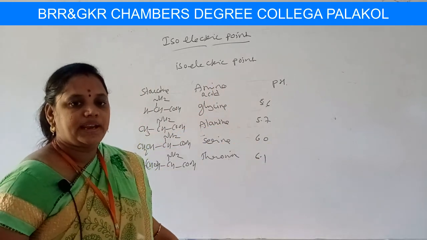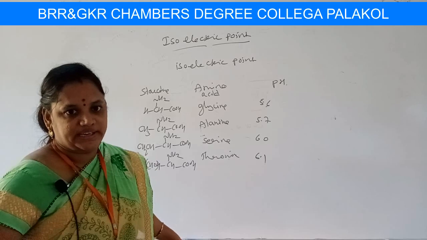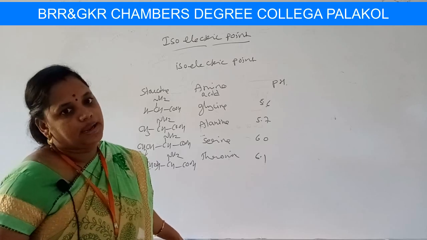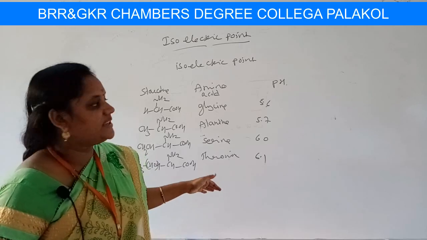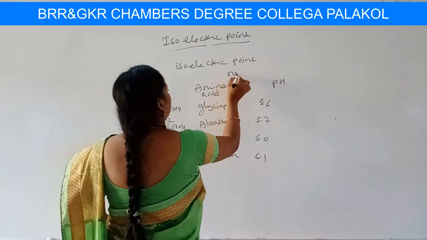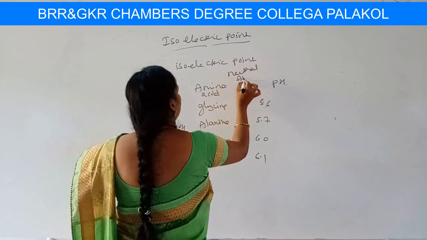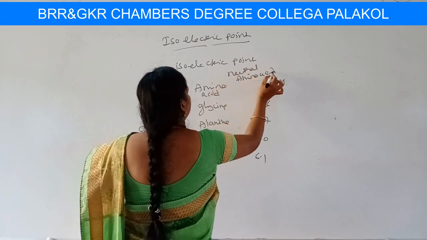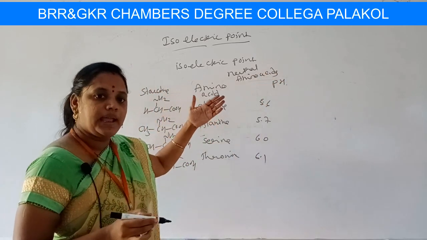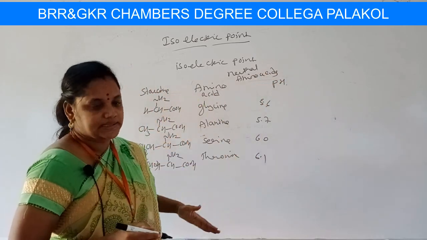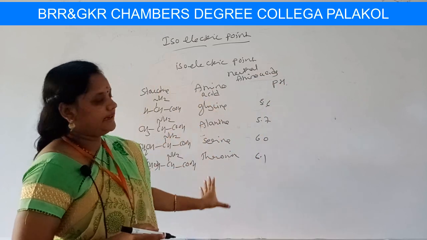What I said, if they are around 5.5 to 6.3, students, they belong to neutral amino acids. These are the neutral amino acids list and their isoelectric points.